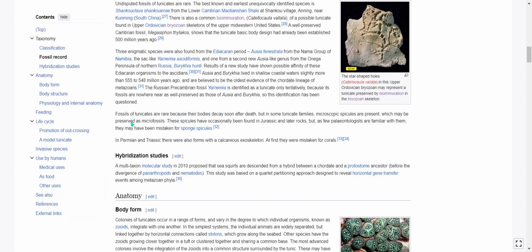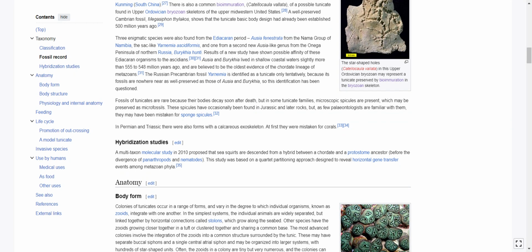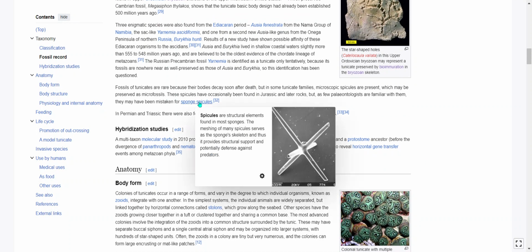Fossils of tunicates are rare because their bodies decay soon after death, but in some tunicate families, microscopic spicules are present which may be preserved as microfossils. These spicules have occasionally been found in Jurassic and later rocks, but as few paleontologists are familiar with them, they may have been mistaken for sponge spicules.